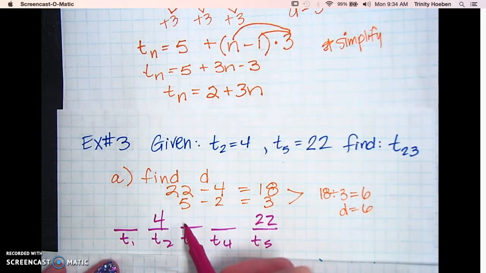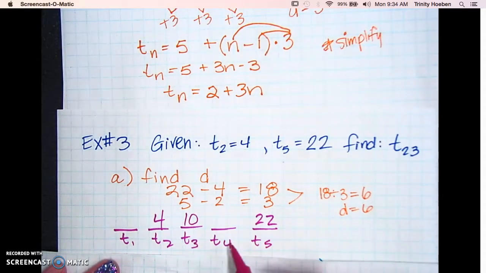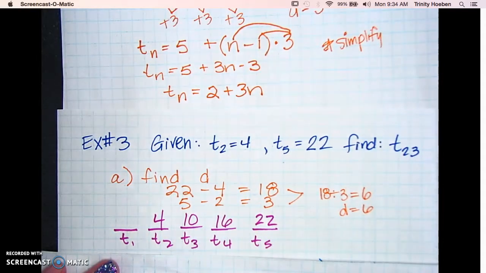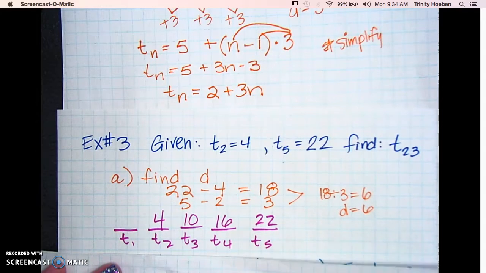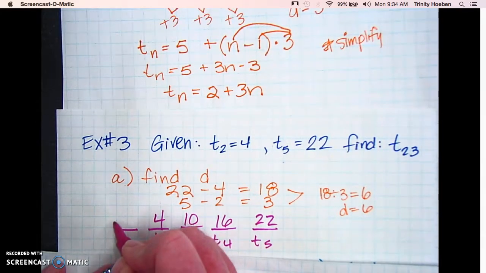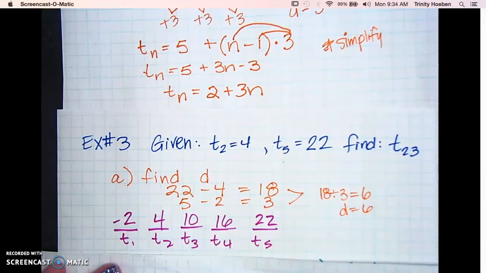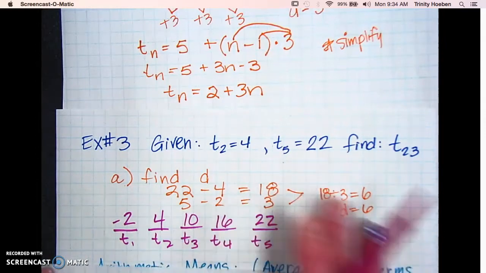So 4 plus 6 is 10. 10 plus 6 is 16. 16 plus 6 is 22. And to get that first term way back here, we subtract 6. So 4 minus 6 would be negative 2. Okay? So you can actually figure it out either way. You can do this little shortcut that I showed you, or you can write out each term and figure out which one each would be, okay?